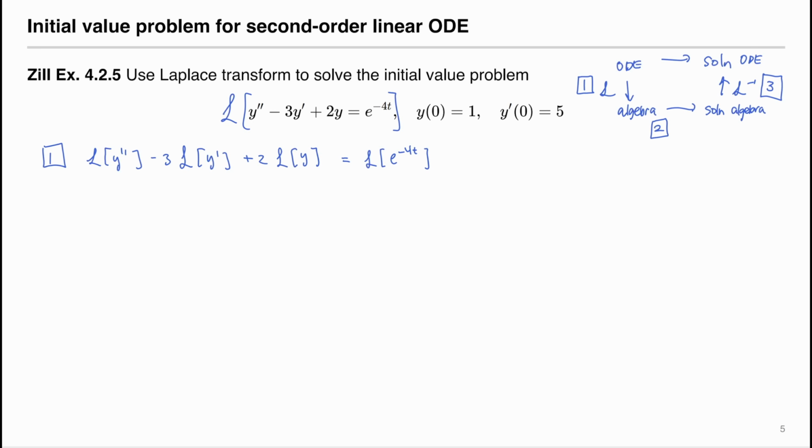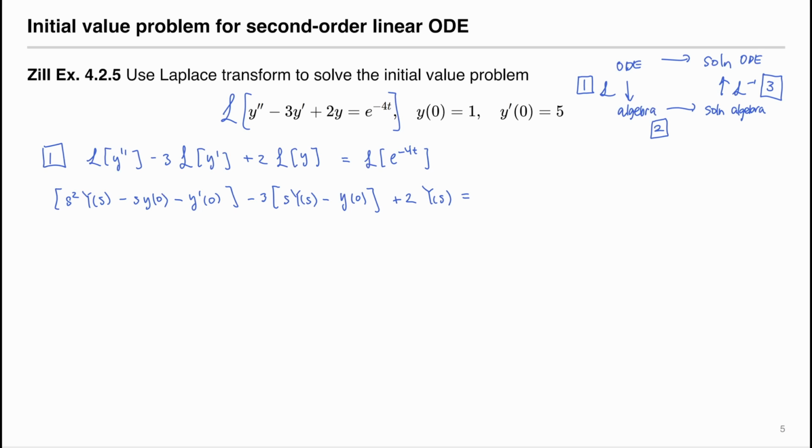The Laplace transform of the second derivative would be s squared Y of s minus s times the first initial condition minus the first derivative condition, minus 3 times the Laplace transform of the first derivative, and the condition, plus 2 Y of s.